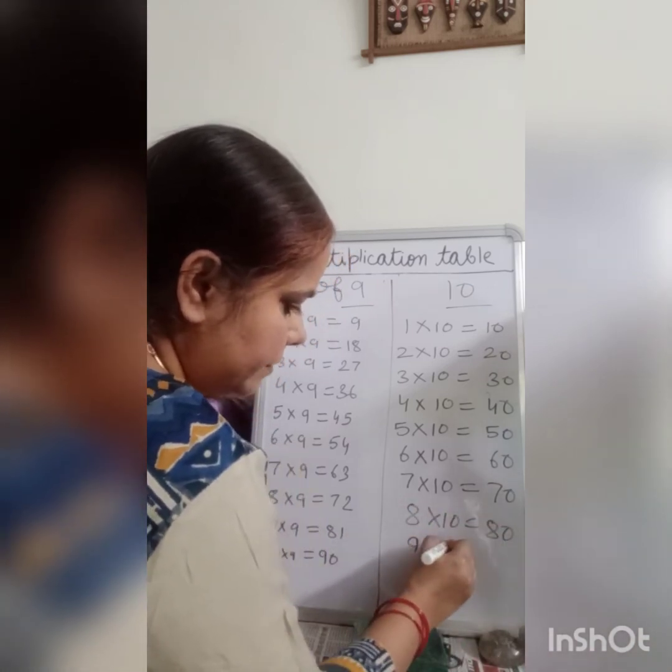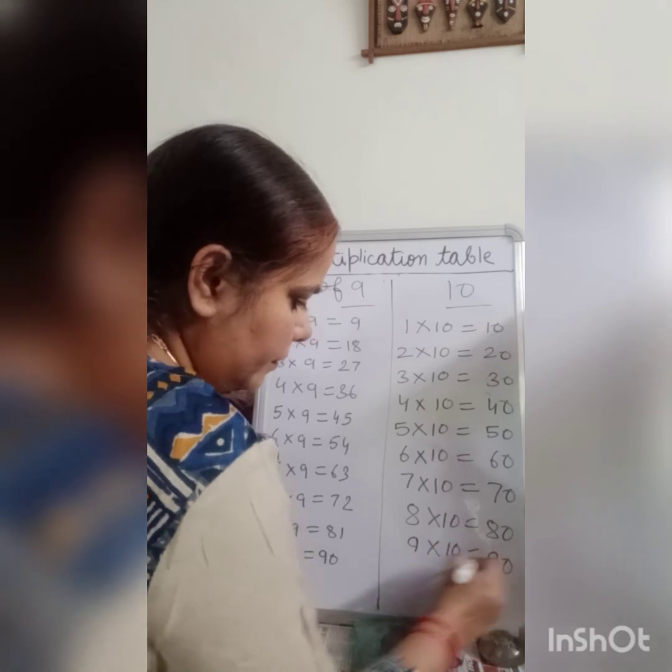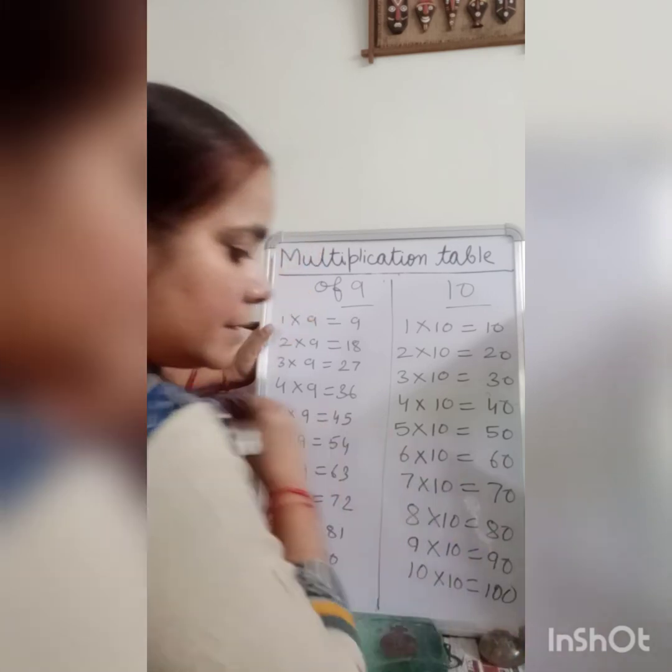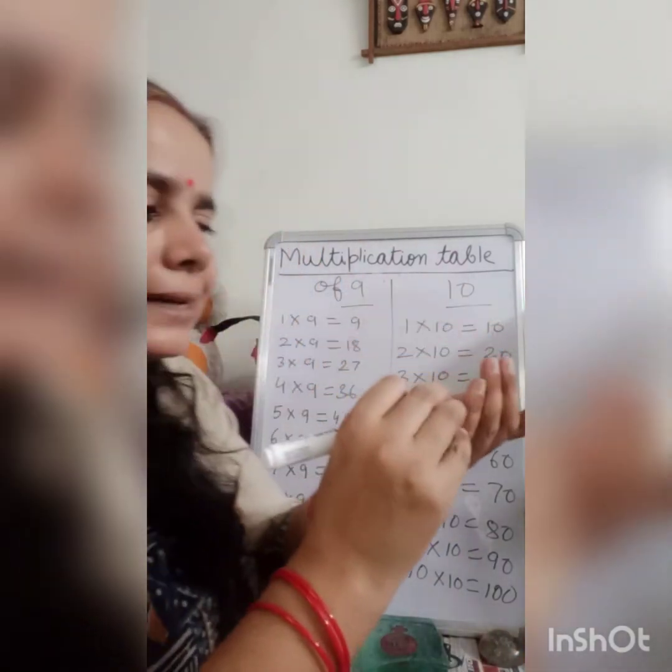And 9 times 10 is equal to 90. And 10 times 10 is equal to a 3-digit number, that is 100.